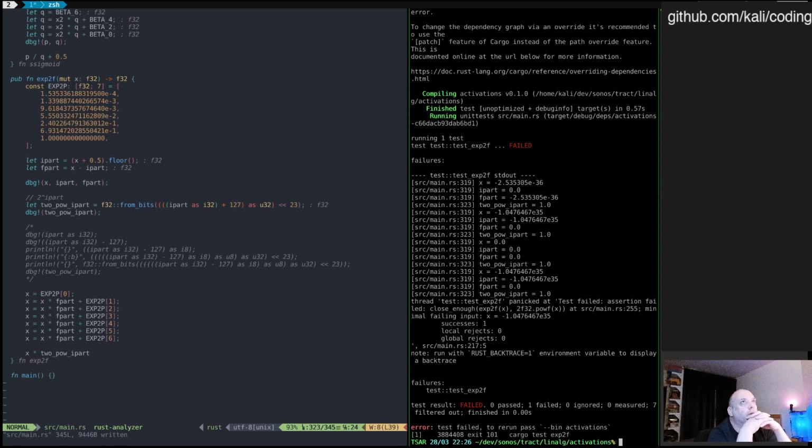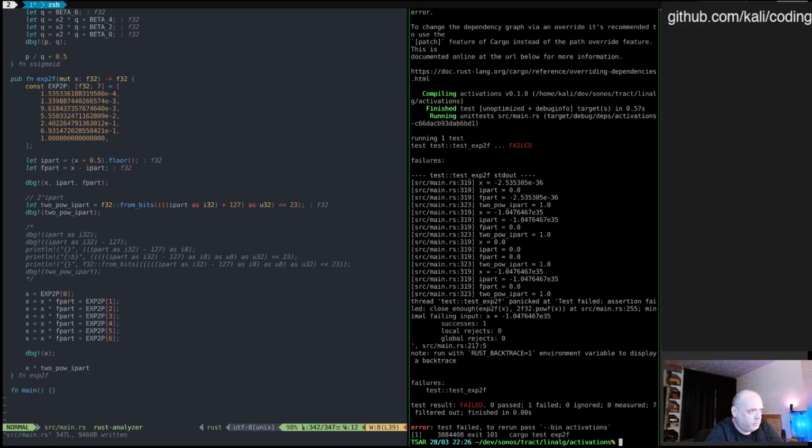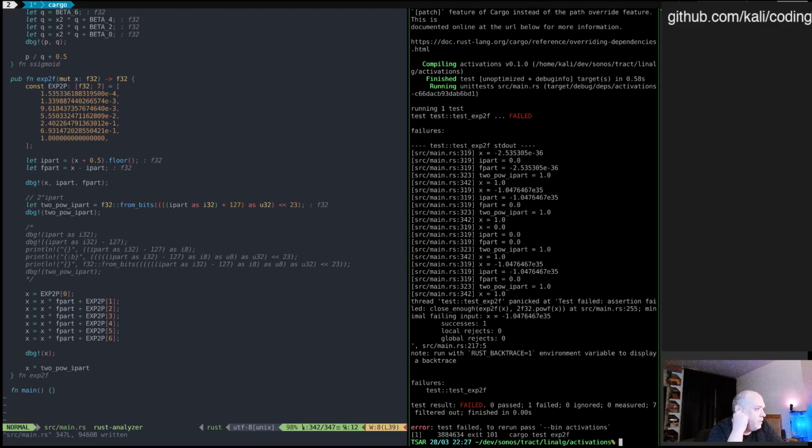Oh, except no, it should be far in the negative. And because the f part will be 0, the contribution of the f part should be 0. And it says it's 1.